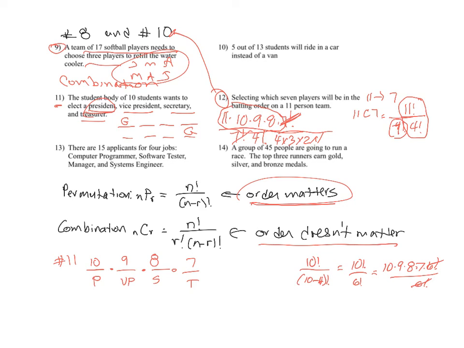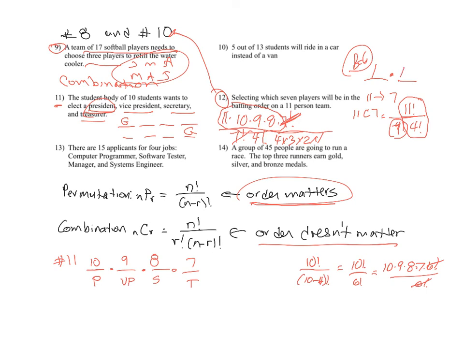But now I'm going to change it up a bit to resemble 10b. So what if we knew for a fact that one person had to be in the starting lineup? If the star had to be in the starting lineup, out of those 11 people, one kid, Bob, had to play. Well, that means Bob is filling the first spot. So then how many other ways can this happen?